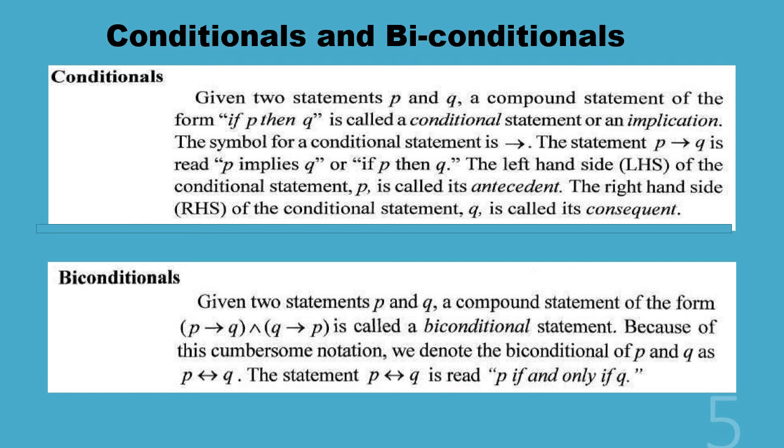Because of the rather strong notation here, we denote the biconditional of P and Q as P double arrow Q. One of the arrows points to P, the other arrow points to Q. So we say P double arrow Q is read P if and only if Q.